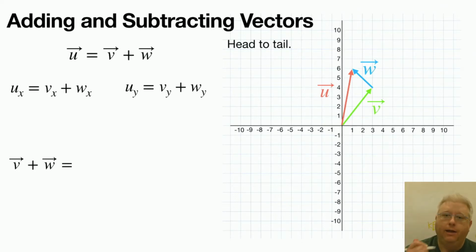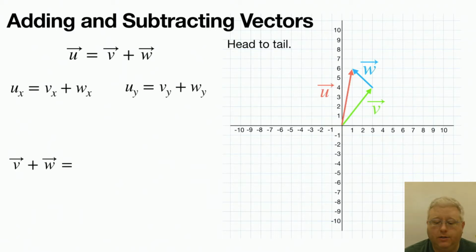Remember that the head of a vector is the tip of the arrow, and the tail is the other end. Here I've added vector v and w, and we got a resultant vector u. For the resultant vector, we draw its tail starting at the tail of the first vector, and we draw its head at the head of the final vector. That gives us what we call the resultant vector.